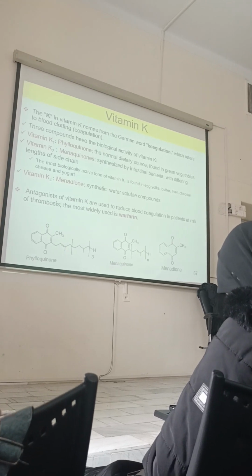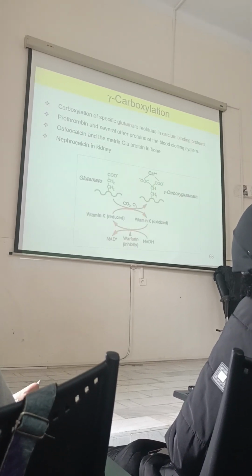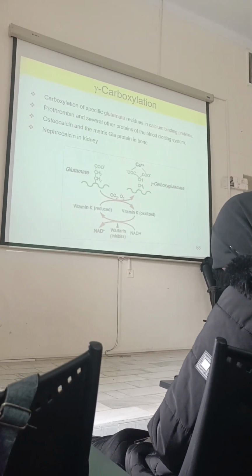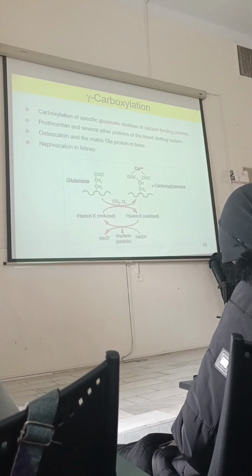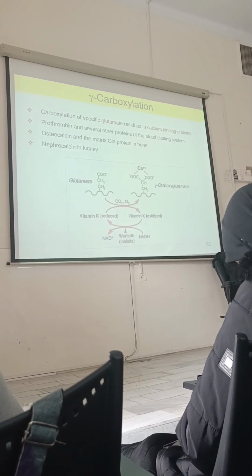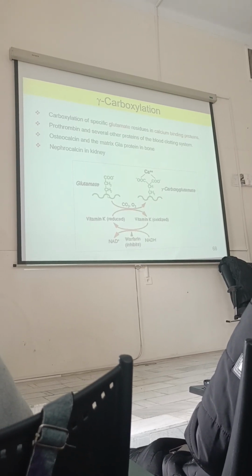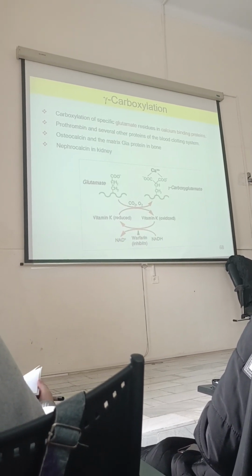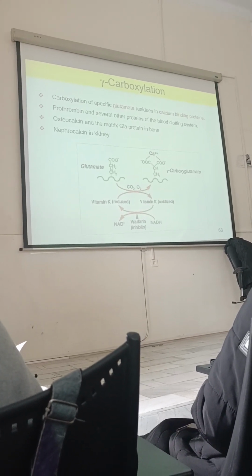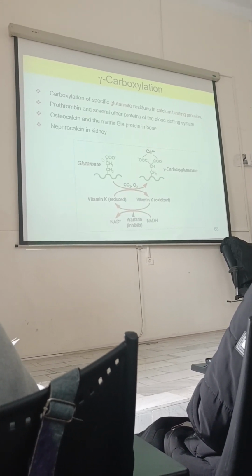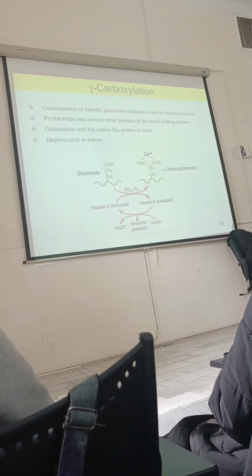For example, warfarin is considered an anti-clotting drug, because I mentioned that whenever you see carboxylation, biotin is important. But about gamma carboxylation, why do we say gamma? Because, for example, this is carbon alpha, beta, gamma. You add another carboxyl at the gamma position, so it is now a gamma carboxylation. Why should we add a carboxyl here?